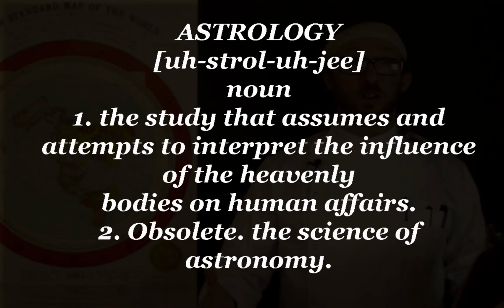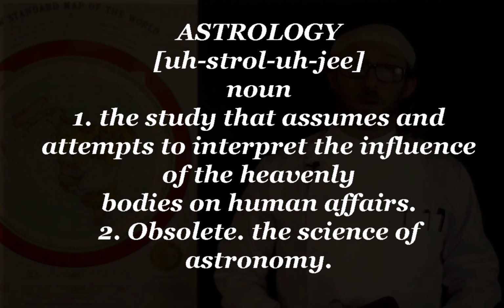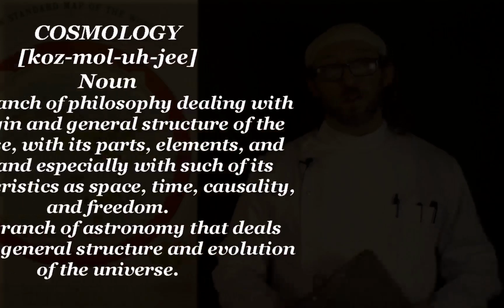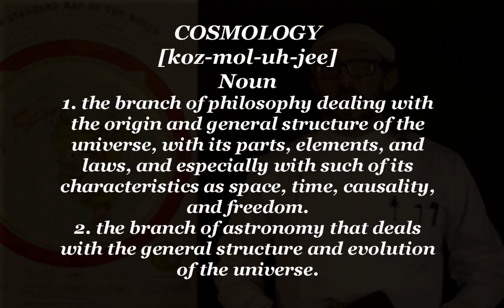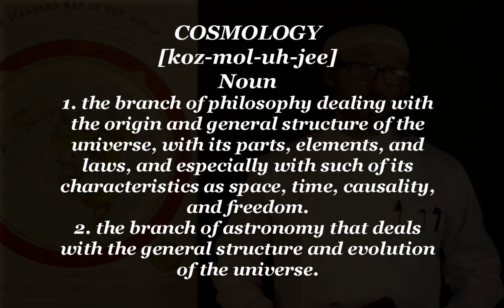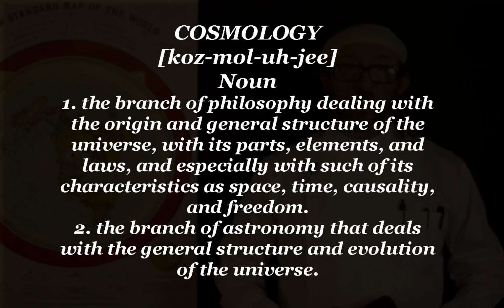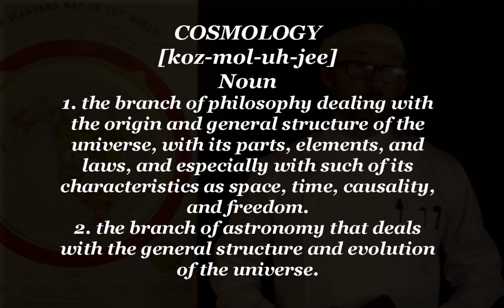Then we have astrology, the study that assumes and attempts to interpret the influence of the heavenly bodies on human affairs. Next is cosmology, the branch of philosophy dealing with the origin and general structures of the universe, with its parts, elements, and laws, and especially with such of its characteristics as space, time, causality, and freedom. This branch of astronomy deals with the general structure and evolution of the universe.